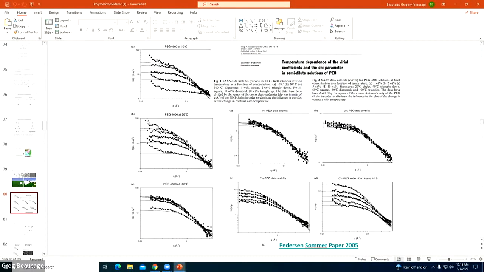So we have pressure equals density times RT for the ideal gas law. And you can expand that to 1 plus the second virial coefficient times density plus the third virial coefficient, and it goes on and on. That's for a gas, where we have a bunch of atoms.